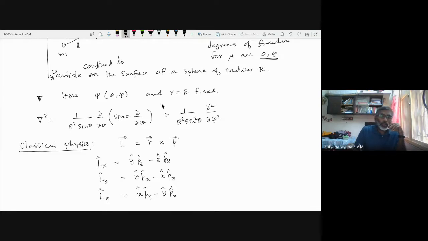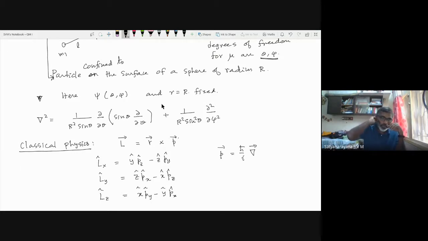Now you know that the operator p can be written as h cross by i into the operator del.